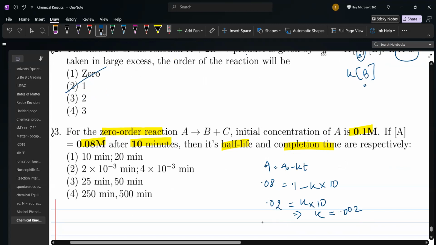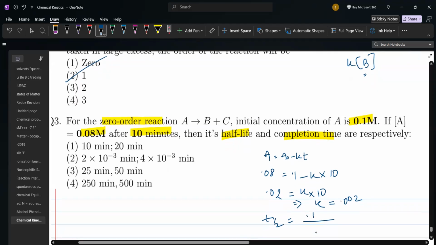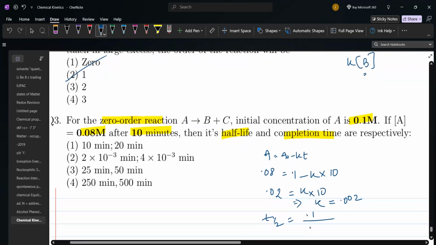T half is A naught, 0.1, upon... sorry, A naught upon 2K. K is 2 into 10 to the power of minus 3 here.